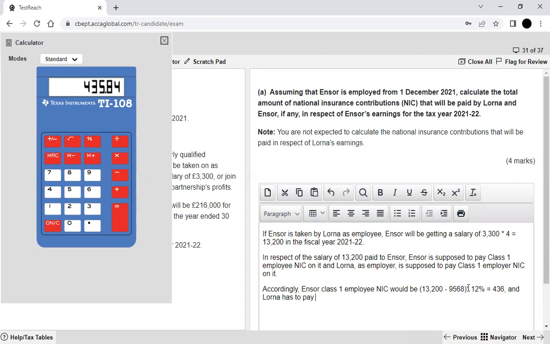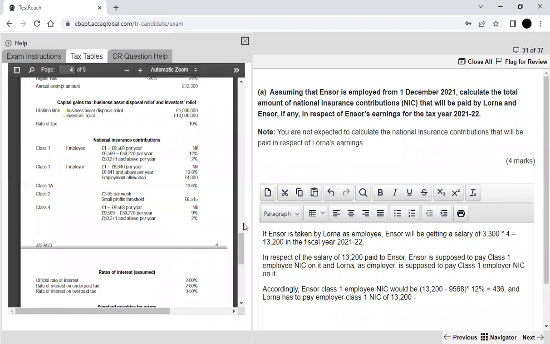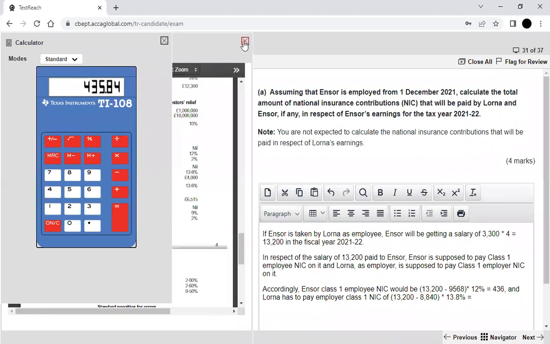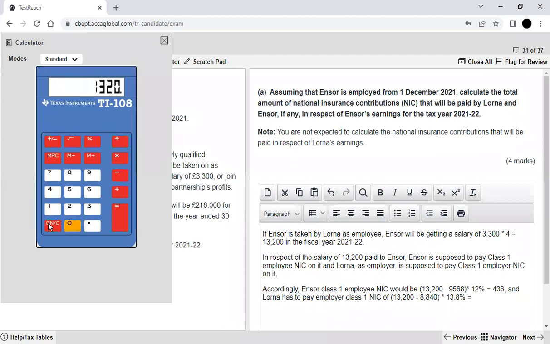And Lorna has to pay employer class 1 NIC of 13,200 minus 8,840, into 13.8%. 13,200 minus 8,840 is 4,360, multiplied by 0.138.